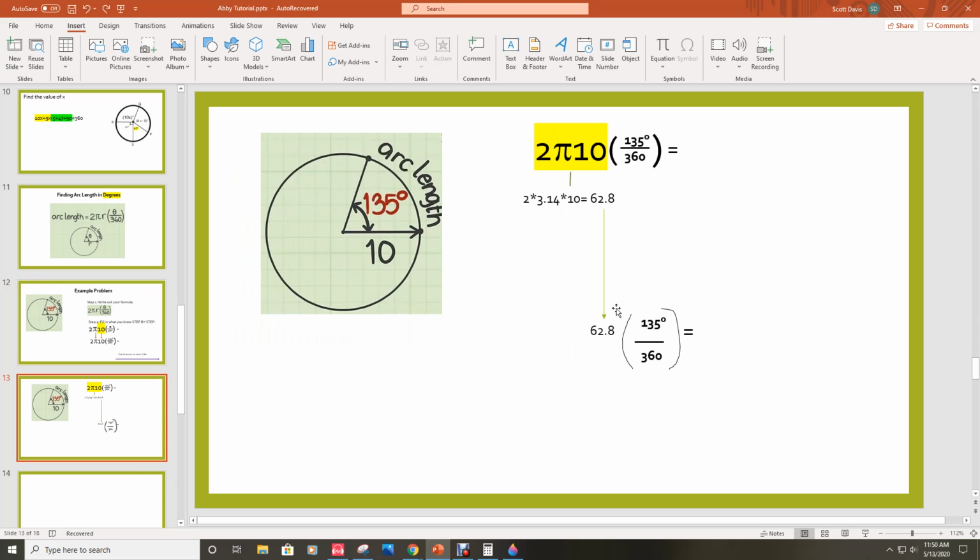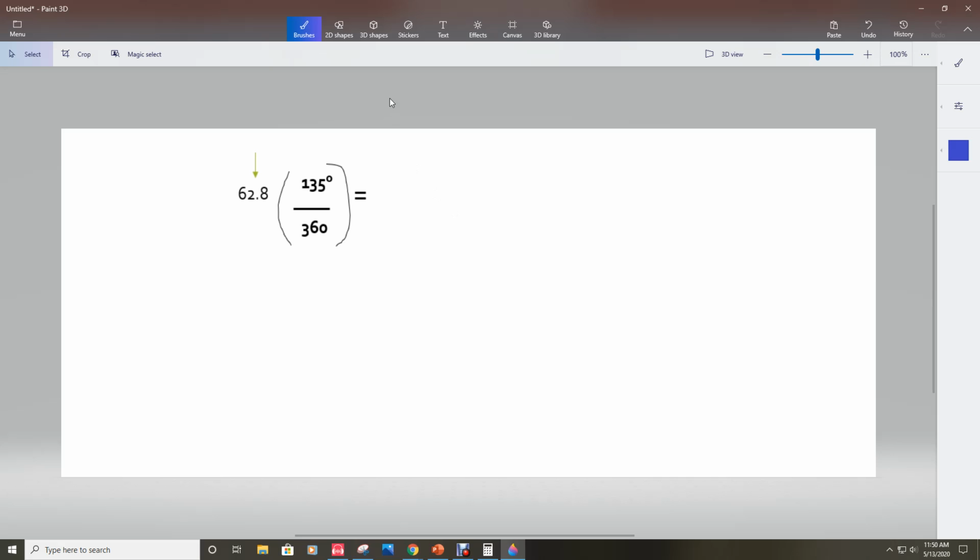And so what we did first was solve this first half of multiplication that's on the outside of this parentheses. So 2 times pi times 10, which equaled 62.8. Now I brought it over here so I can write.